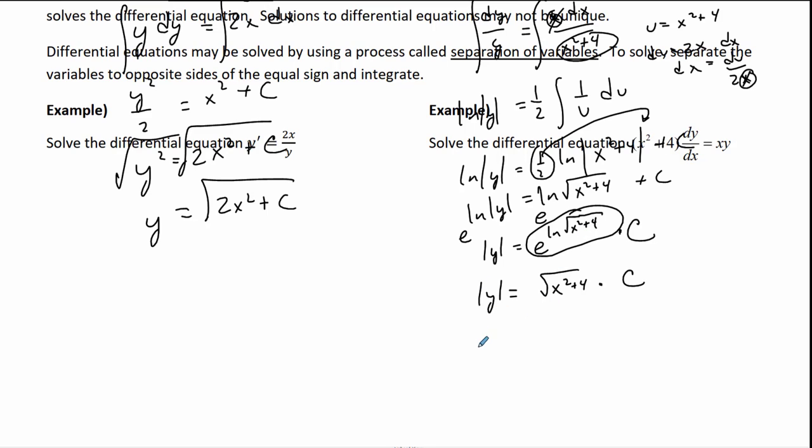And so then I want to get rid of the absolute value. So y is equal to, when I do this, you need a plus of this times the square root of x squared plus 4. And then because it's absolute value, you could also be negative of that as well.